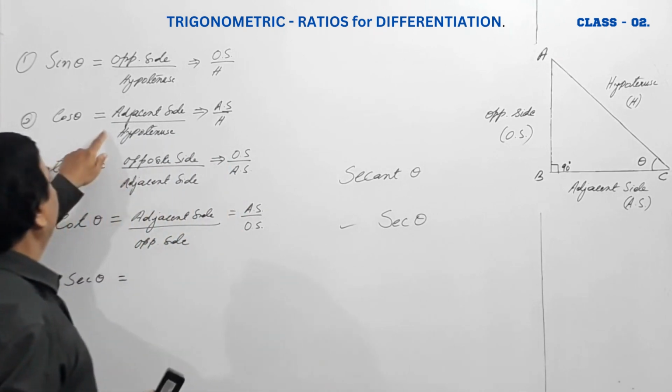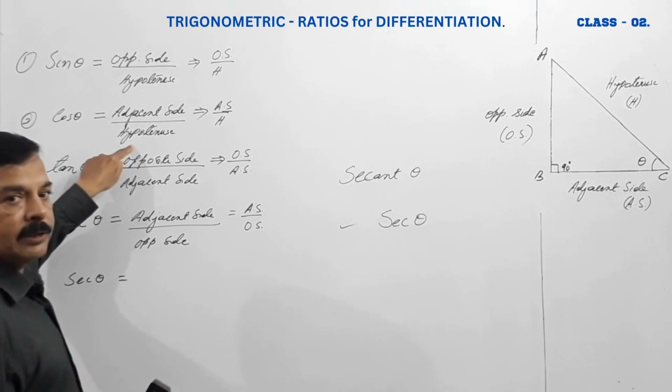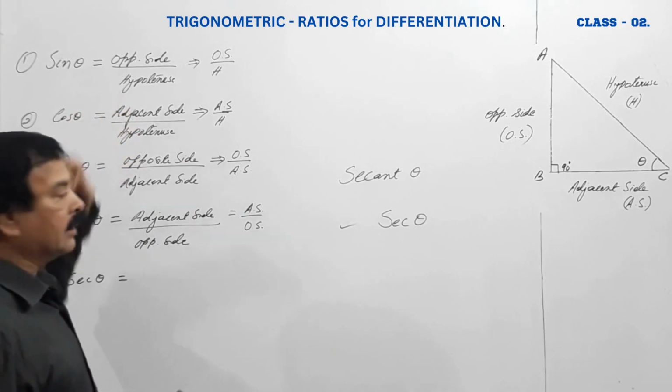So what is cos theta? Adjacent side by hypotenuse. But since it is reciprocal, I will divide hypotenuse by adjacent side.